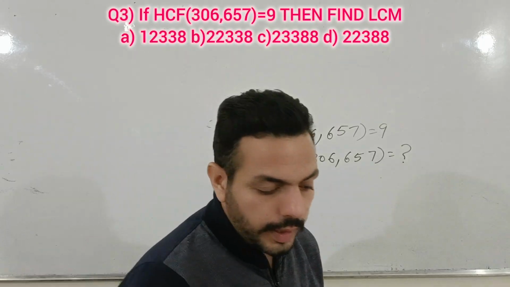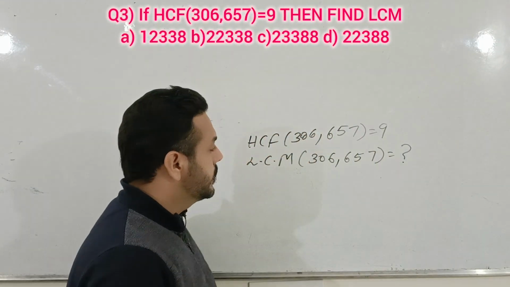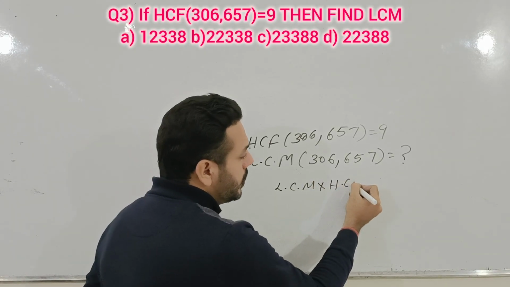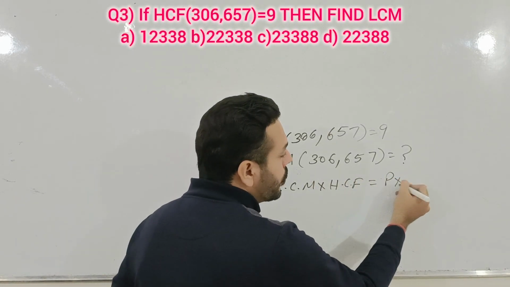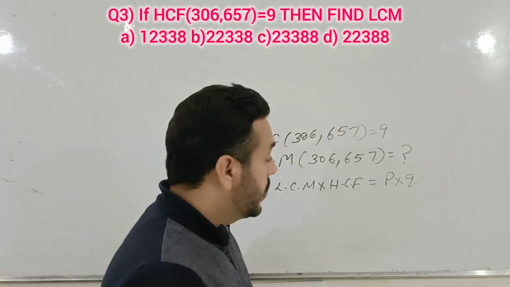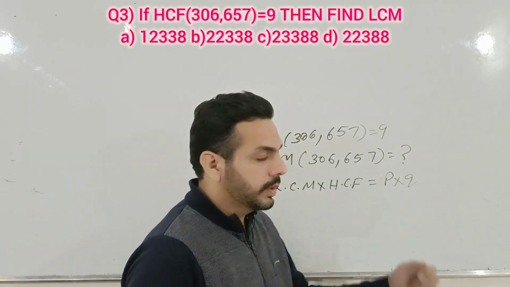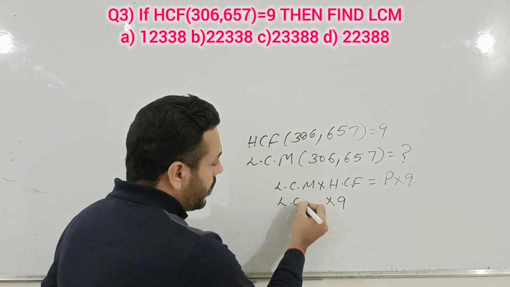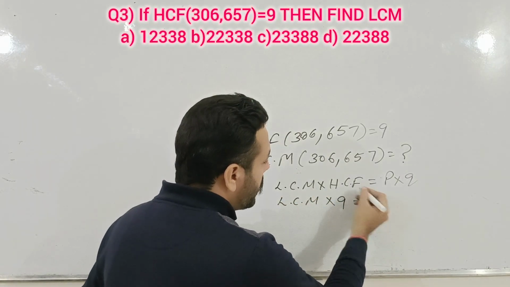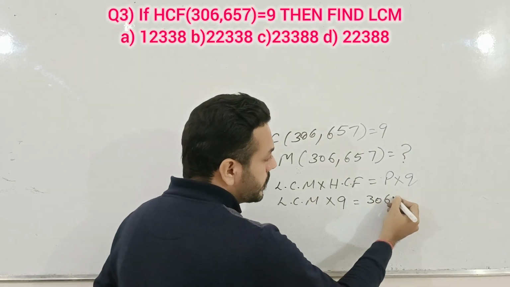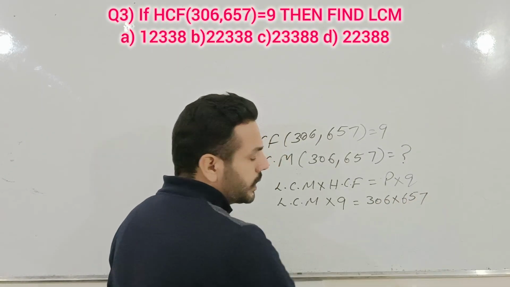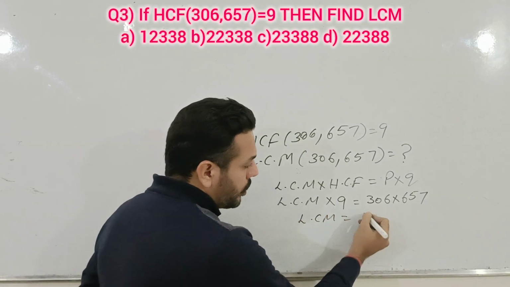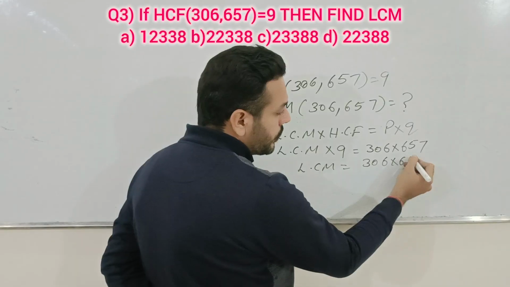Here we use a very interesting concept: LCM into HCF is equal to the product of the two given numbers, P into Q. Here the HCF is 9, and we find the LCM. The first number is 306 and the second number is 657. So LCM is equal to 306 into 657, divided by 9.